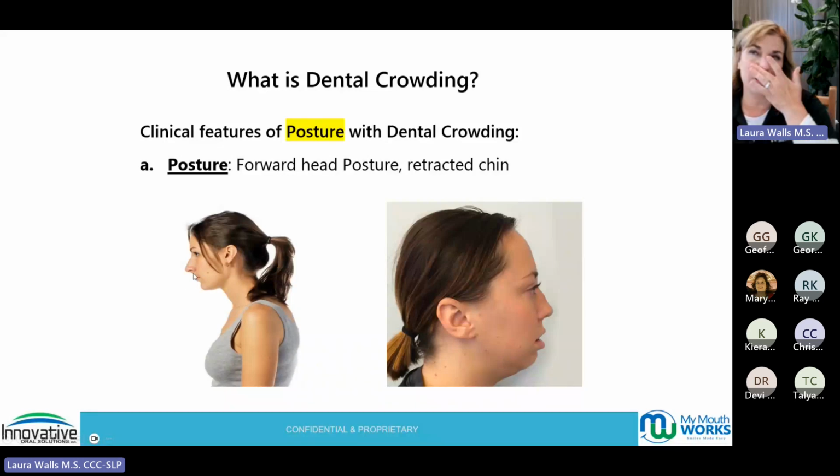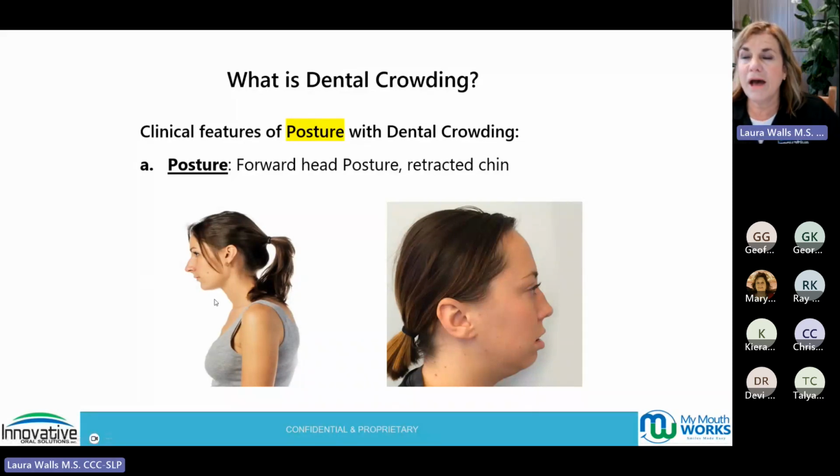You can tell that not only by looking at her, but by calculating where the earlobe is in relationship to the shoulders. A head that's in a neutral spine position would have the earlobe over the shoulders. In this case, her earlobe is about 4 inches forward. Knowing what that does to the anatomy, a forward head posture is going to cause bunching of the tongue, which will cause myofunctional habits. And we'll talk about this along the way.